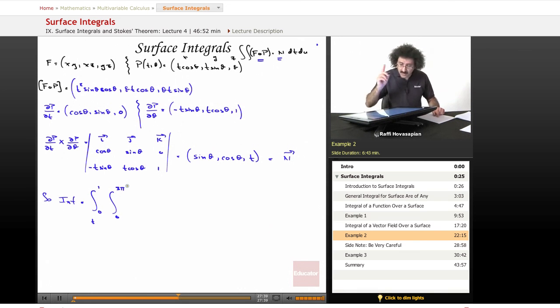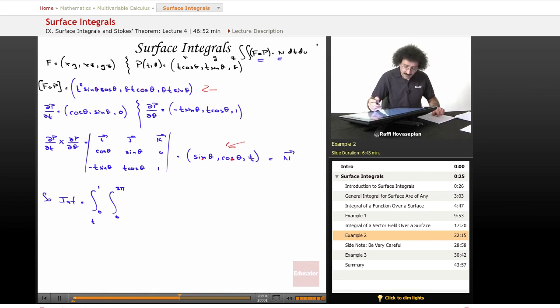So now I have my f of p, which is right here, and I have my n, which is right here. I need to form the dot product of f of p dot n. I could do this times this, plus this times this, plus this times this.